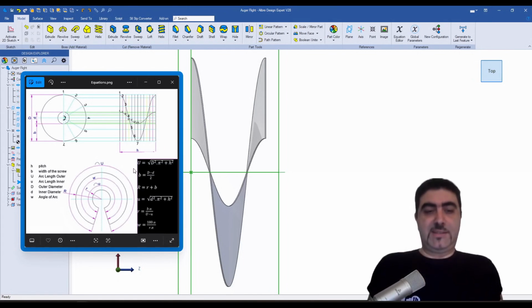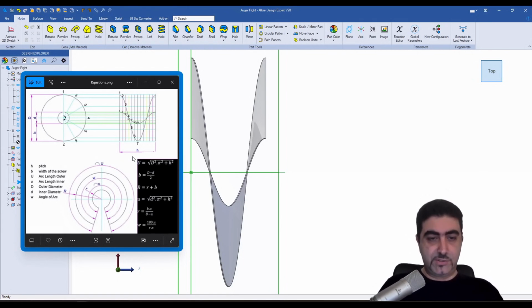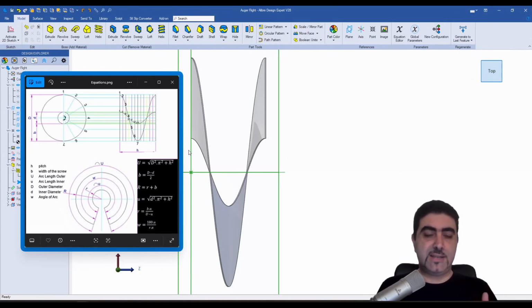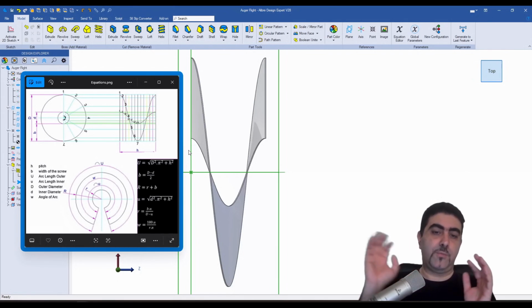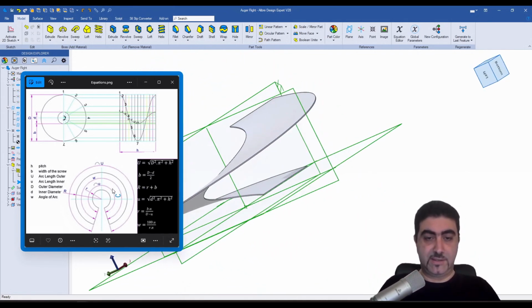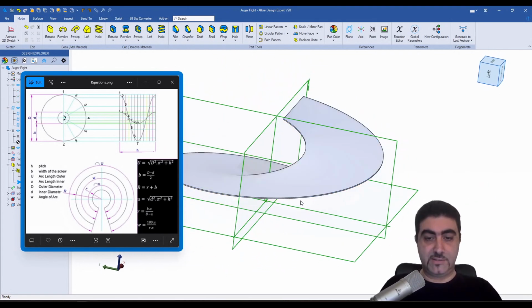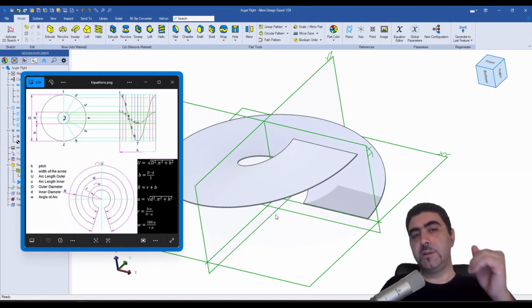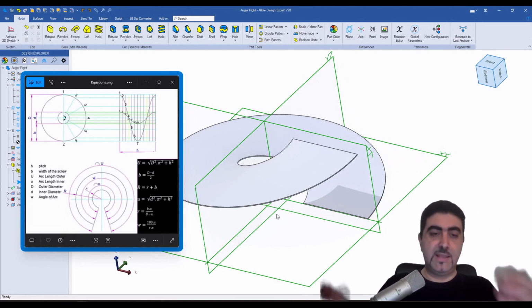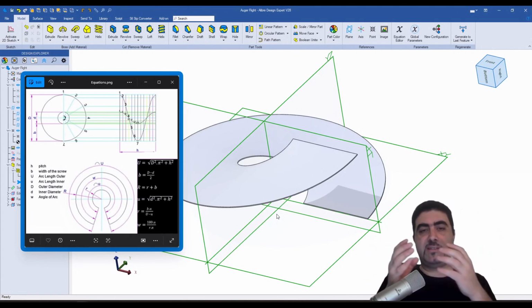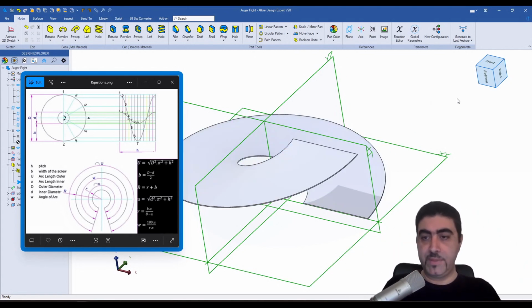Now, about these equations, how do we get these equations? So this equation is easy enough to understand. If you take the outer cylinder along which this helix is climbing, the 300 millimeter OD cylinder, and you unroll it, imagine that this is inside a cylinder which you unroll.